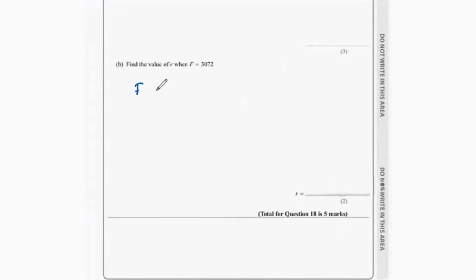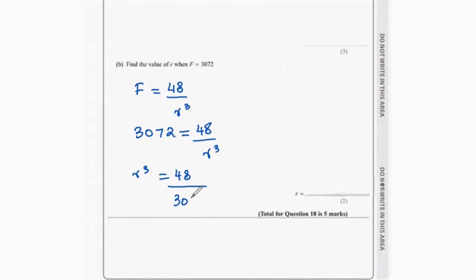So we use the formula that we created. f equals 48 over r cubed. 3072 equals 48 over r cubed. r cubed is 48 divided by 3072. So when we take the cube root on both sides, what we get is 0.25. That is the value of r.